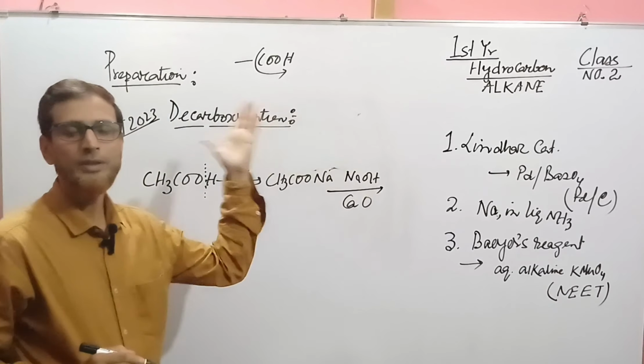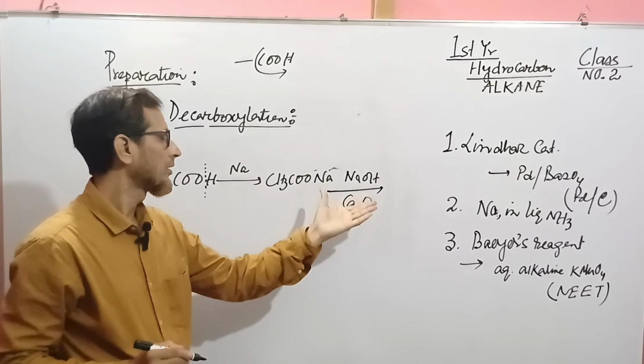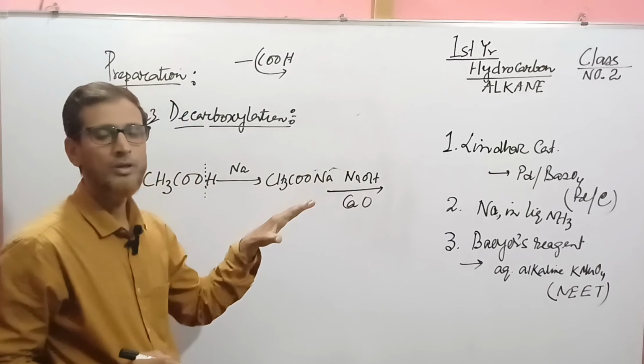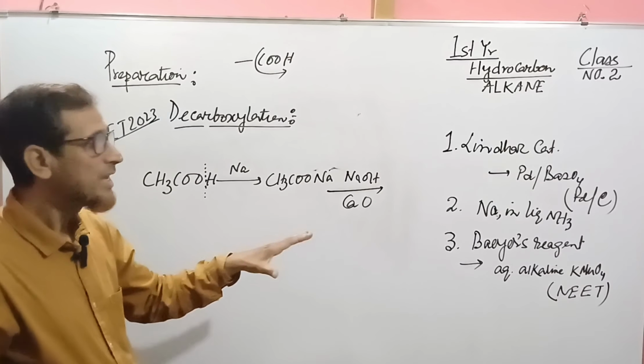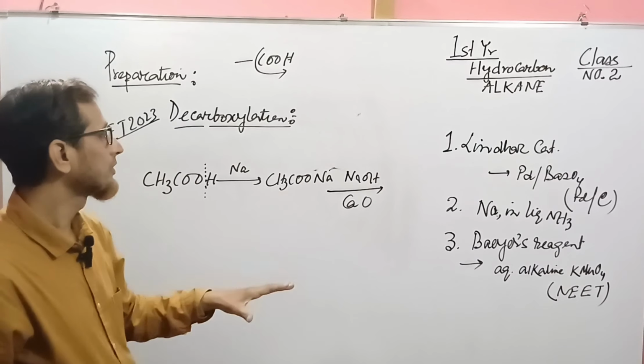If you recall, in the chapters I have grouped all the important names of compounds being used, and the name of this one is soda lime. That's why beforehand I mentioned the name soda lime. It is a very important reaction. So here what happened is a very simple thing, and you keep it in your mind.